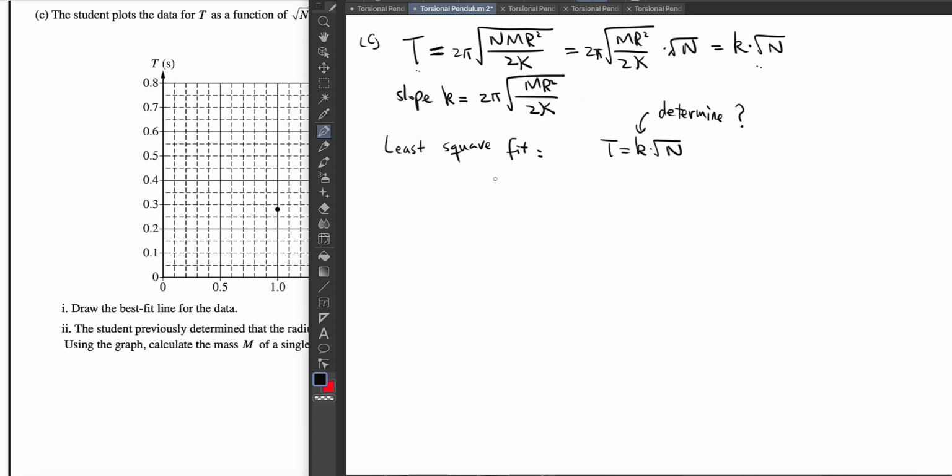So for each n, let's say I have n1, square root n1, square root n2, etc. I can calculate from this formula: T1 equals k square root n1, T2 equals k square root n2, etc. So that's from your calculation.